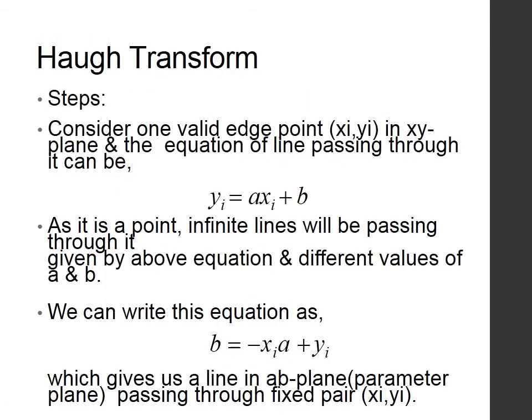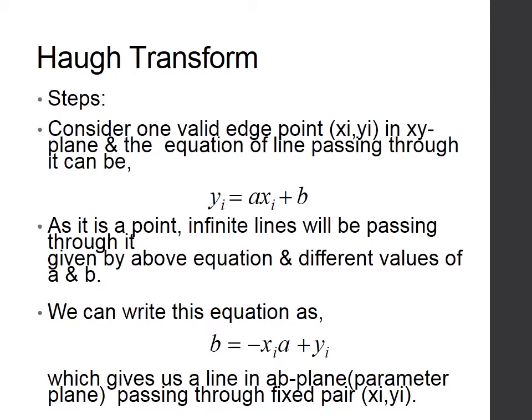Now the Hough transform says, in different steps, consider one valid edge point (xi, yi) in the xy plane, and the equation of a line passing through it can be yi = axi + b. As it is a point, infinite lines can pass through it, given by the above equation with different values of a and b.